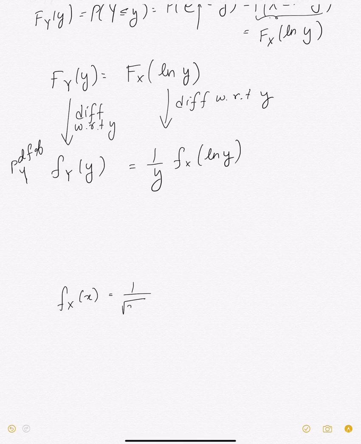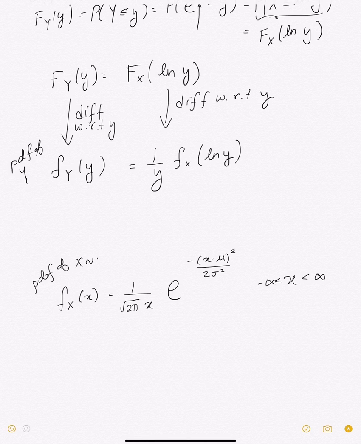This is 1 over square root 2 pi sigma e raised to minus x minus mu whole squared over 2 sigma squared. Okay, and that's on the whole real line. All right, so that's the PDF of X, which is normal with mean mu and variance sigma squared.